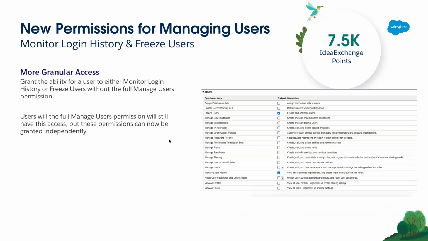You should no longer need to do that. You can give these permissions independently. You can give either freeze users or monitor login history. But please note, users who have the manage users permission today will also get the freeze users and the monitor login history permissions, but they can be given independently.